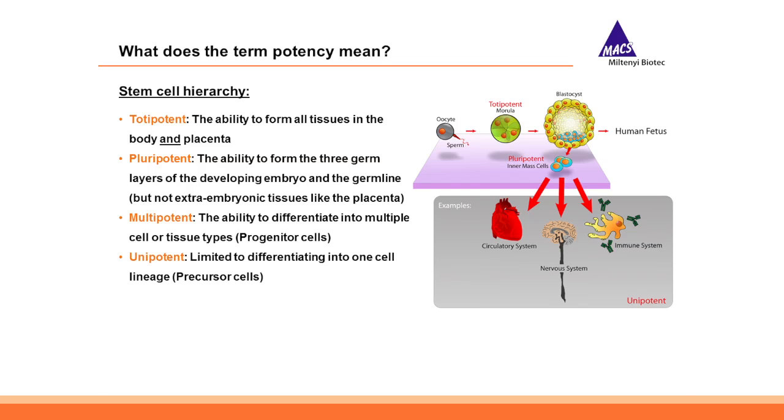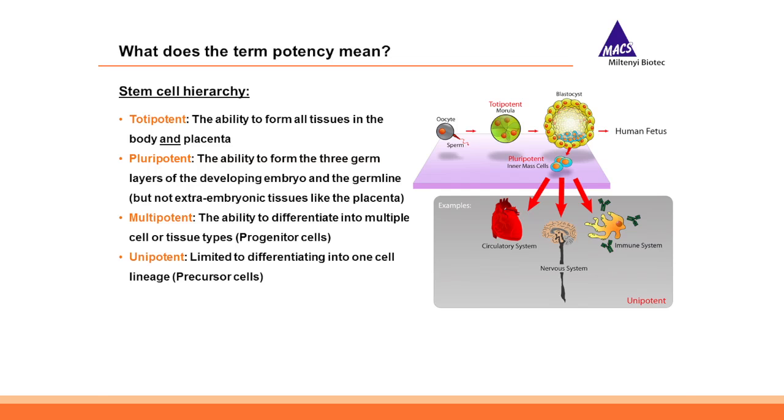And then the next step will be the formation, on about day 4.5, of the blastocyst. This consists of an outer cell layer, here symbolized by these yellow cells, and also a blue inner cell mass. From this inner cell mass, you can separate embryonal stem cells. So these blue cells are the embryonal stem cells.